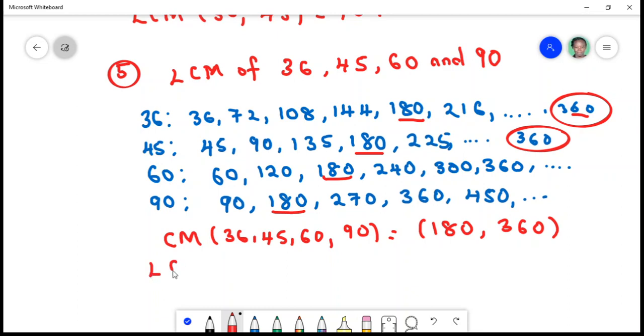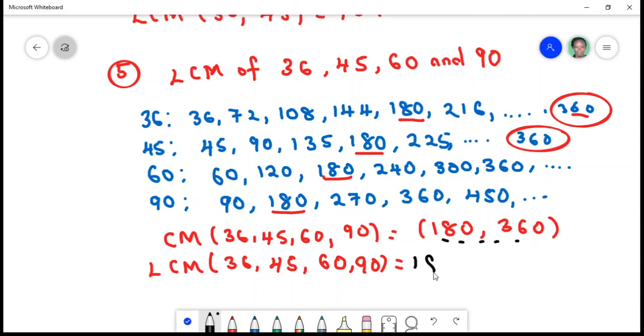But the least common multiple of 36, 45, 60, and 90, you realize, is 180. That's the least common multiple we have for all these numbers.